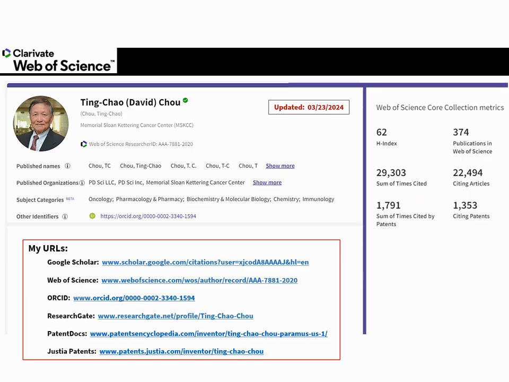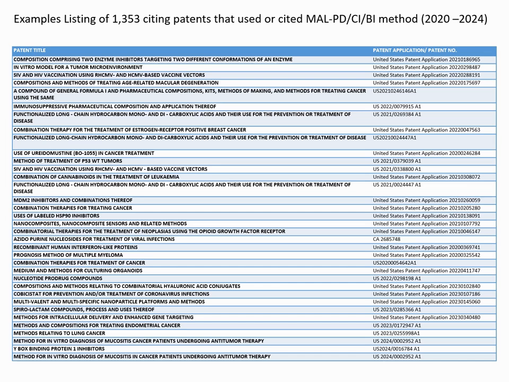Based on the Web of Science, among the 29,000 citations and 1,350 citing patents internationally, it indicates that it has contributed significantly in scientific R&D.